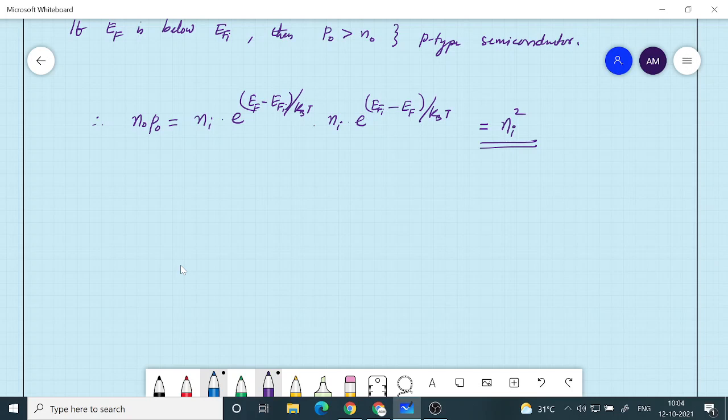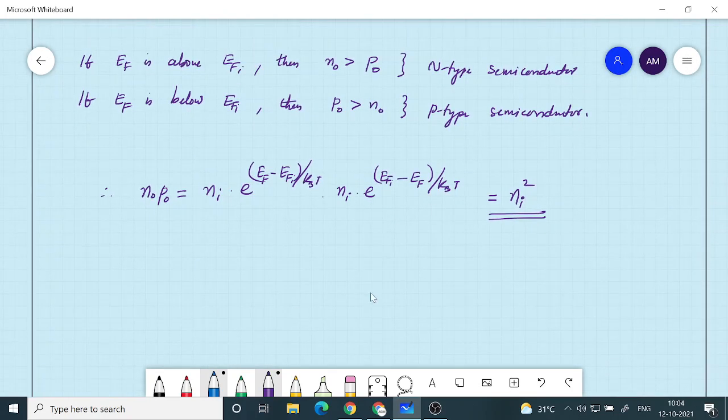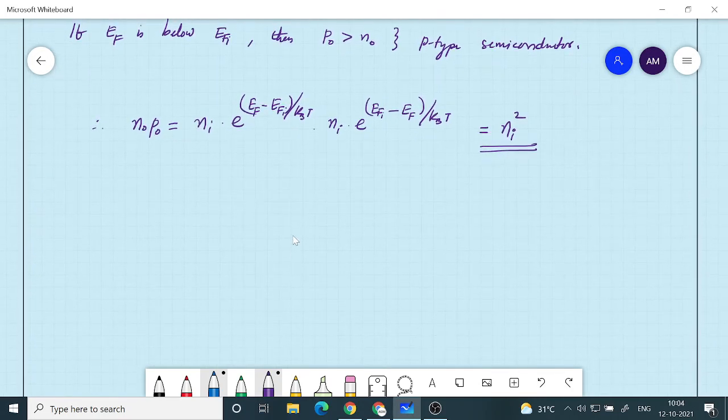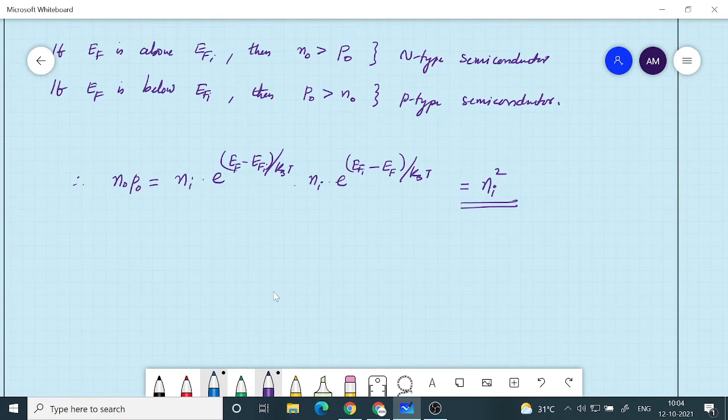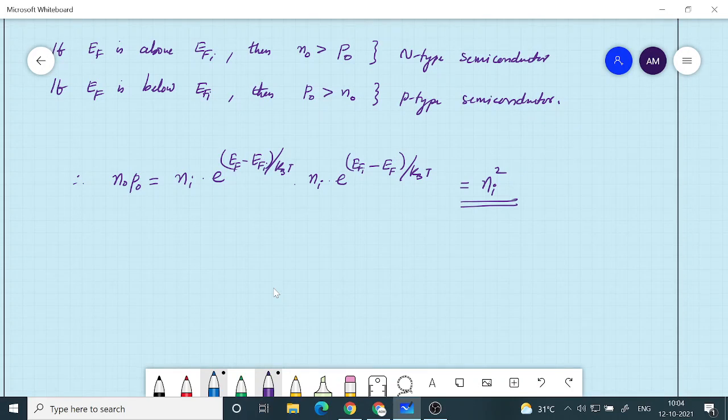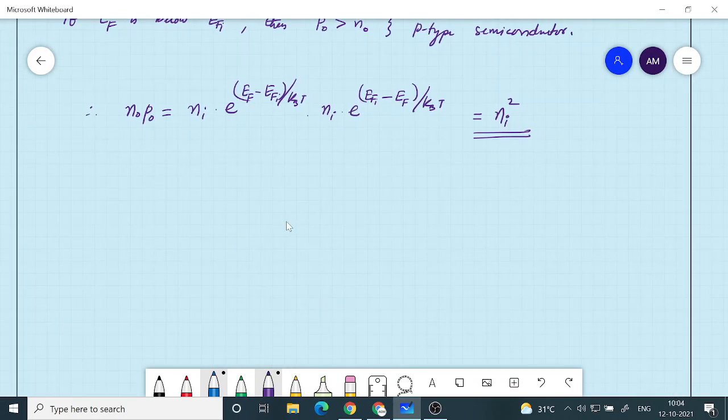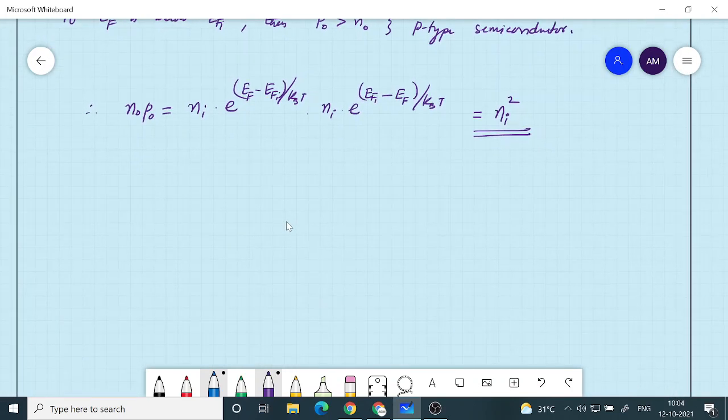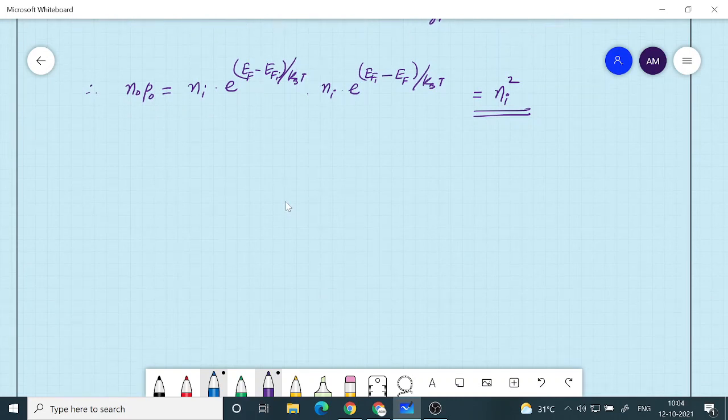Before doping it is basically Ni into Pi, which is Ni square, but what is more surprising is that even after doping, though N0 and P0 are not the same, still their product is going to be Ni square. So that means the product doesn't change with the doping. Whether you dope it with N-type or P-type impurities, the product doesn't change. So this is called the law of mass action.